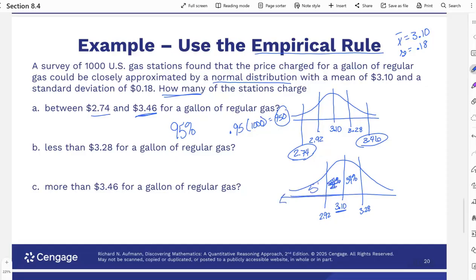So I could think about all of it grouped together as 50%. I want to know all of this from 3.28 down. So I'm going to take that 50% plus that 34%, which would be 84%. So it's going to be 84% of the 1,000, which would be 840 gas stations.